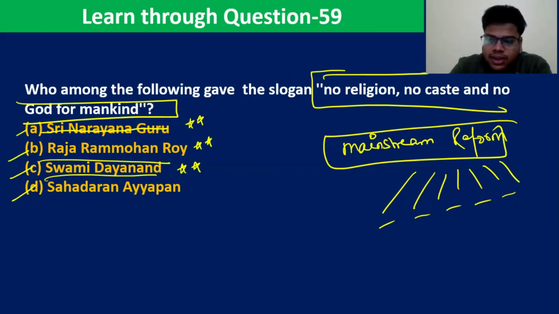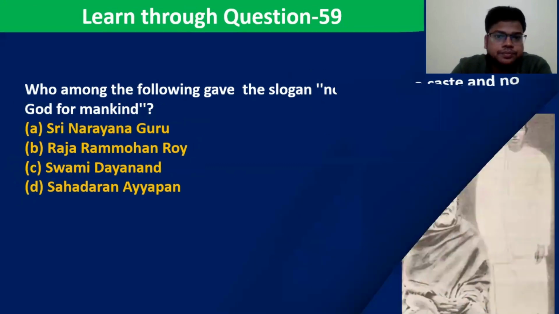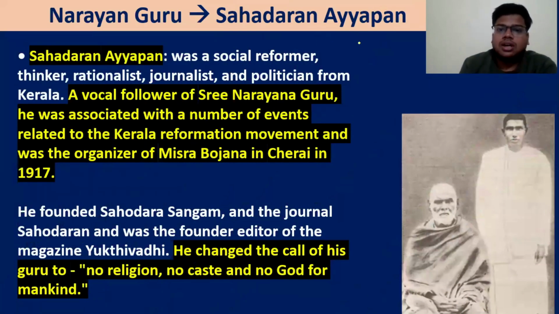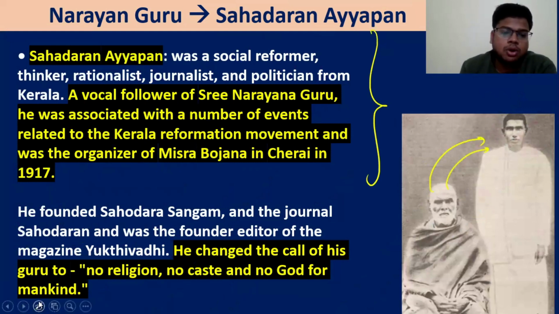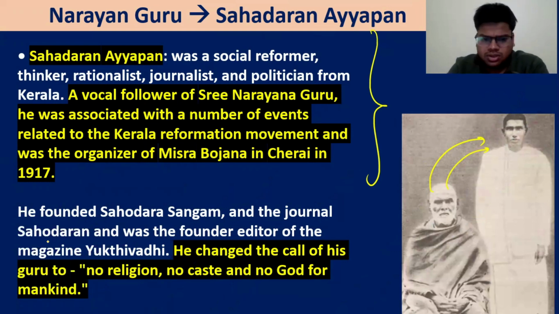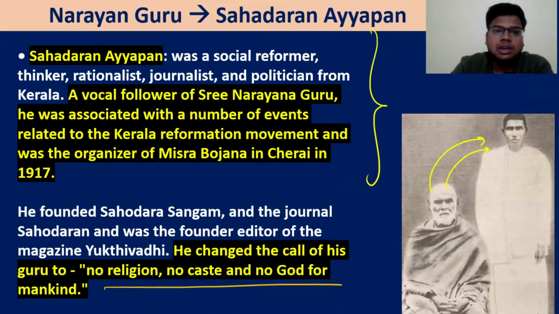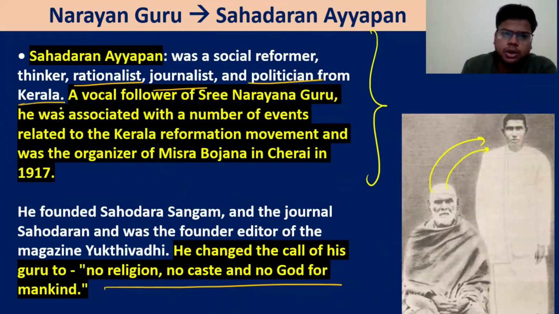So with the help of elimination, we go to the fourth option, Sahodaran Ayyappan. He was basically a follower of Narayan Guru. Narayan Guru talked about one God, one religion, and one caste, and he changed the call of his Guru to no religion, no caste, and no God for mankind. He was a social reformer, thinker, rationalist, journalist, and politician from Kerala, and a vocal follower of Sri Narayan Guru.